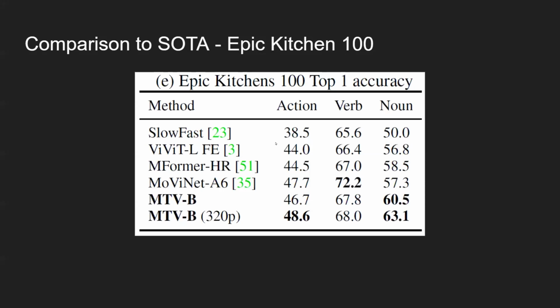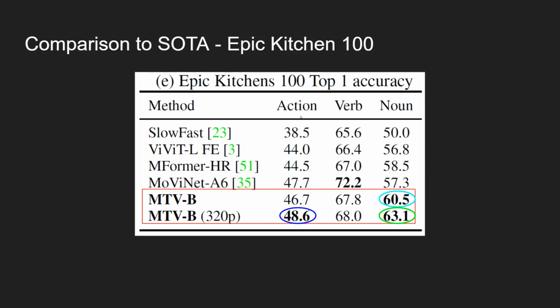Now comes the interesting part, in the Epic Kitchen data set, where we can see they have compared actions, verbs, and nouns. In MTVB, in the noun section, they have actually achieved state-of-the-art results in both models, the base model and the lower resolution one.